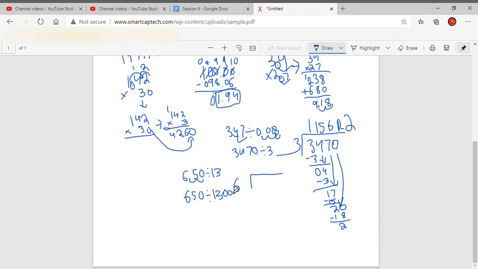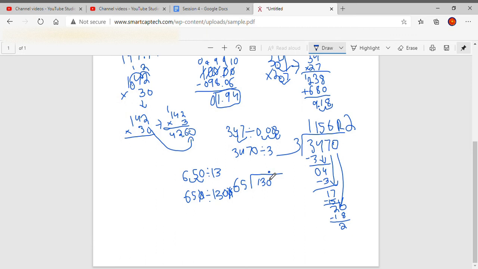So 6 and so it'd be 650. But since this is an extra 0, we can just cross this out for both of them to make it easier. So it'd be 65 divided by 130. So you know that 65 cannot go into 130. So you can add a decimal place because we cannot do anything.